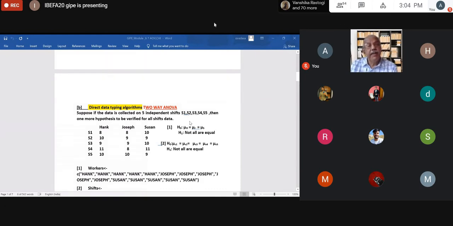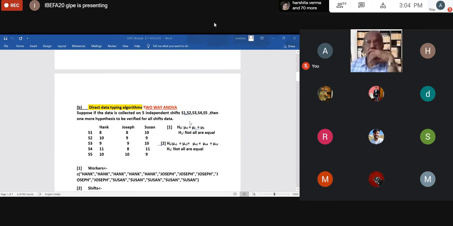But the data collected from different shifts S1, S2, S3, S4, S5.